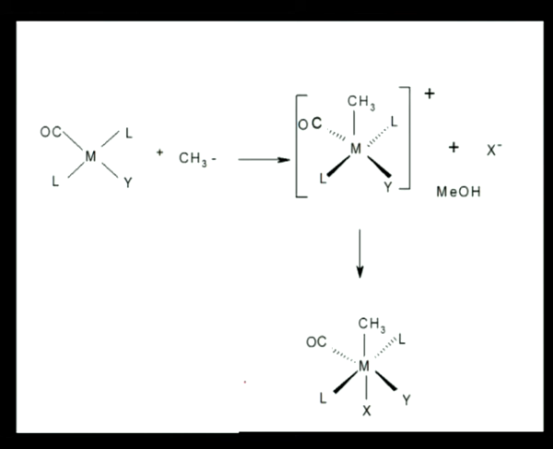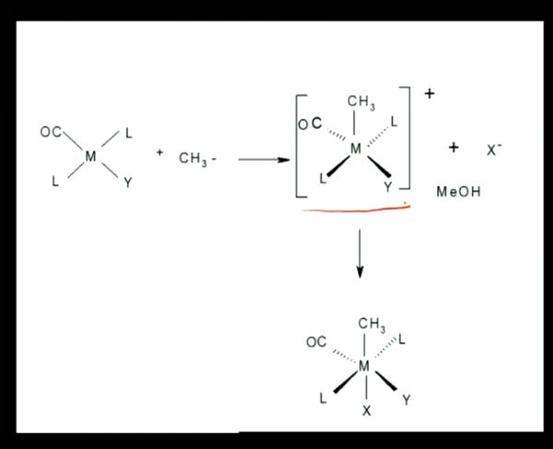So, let us take a look at some of the features that support this type of a reaction. First of all, it has been possible, at least in some instances, to find this pentacoordinate intermediate that itself is stable and can be isolated.